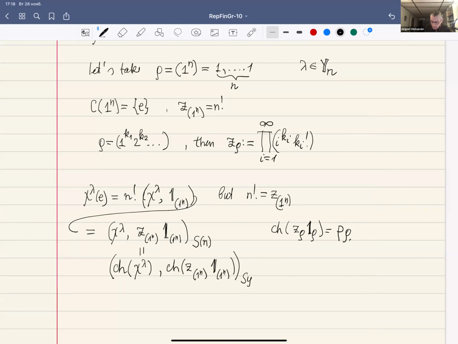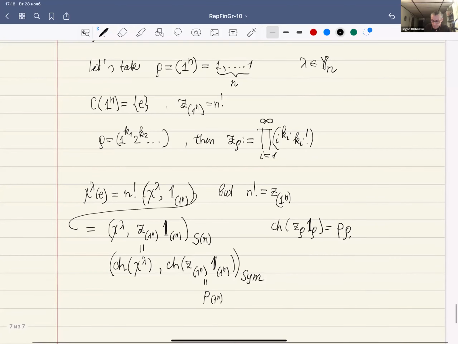This is the scalar product in the algebra of the symmetric functions. But we know that this is exactly these functions. I'm sorry, this is a function, the power sum corresponding to this partition.